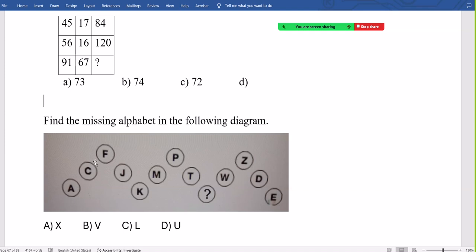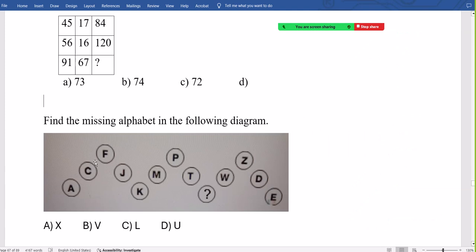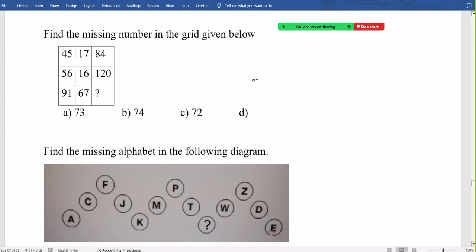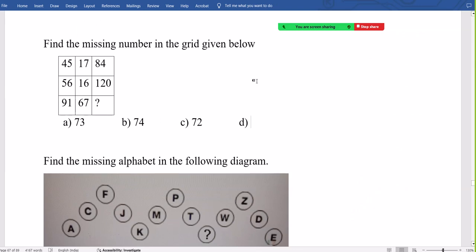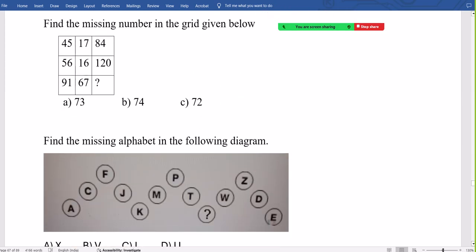And any doubts in that other PDF which we shared, please let me know. 8 is the answer for this. Okay, option D I removed. Something is there, maybe somewhere it's missed. Okay, fine, let it be. 8 for previous one, okay.